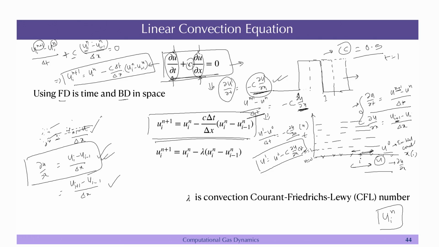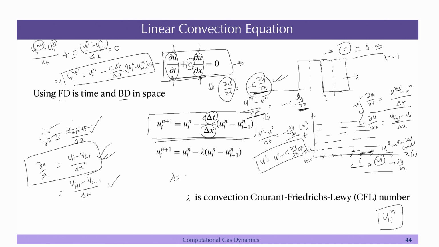Now, the next question is, how do you determine Δx and Δt? Will it work for any arbitrary Δx or Δt? These are the questions that we need to answer. We will look into these things in the next class, but one thing I want to introduce before I finish this class is something called lambda, or the CFL number, also called the Courant number, which relates the time step to the spatial spacing.